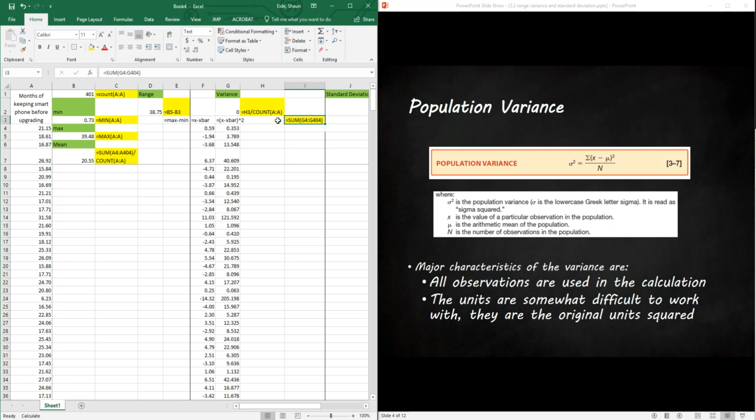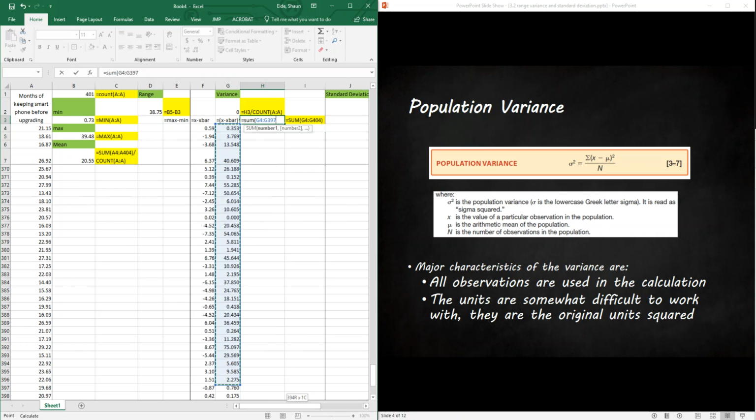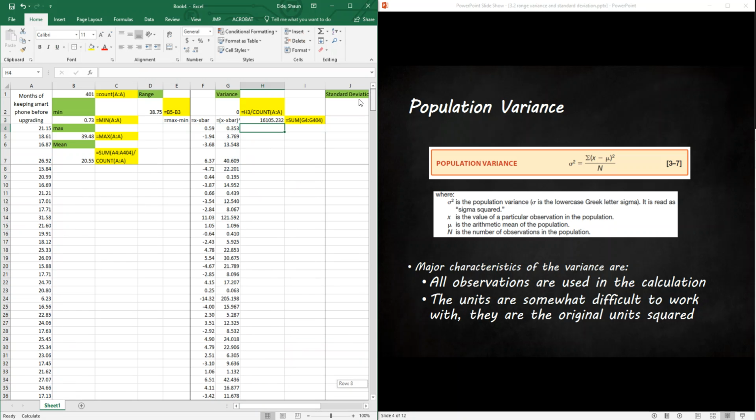So now we are going to sum all of these, and you'll see that number is a lot greater than 0.